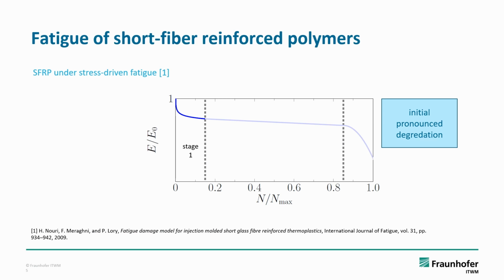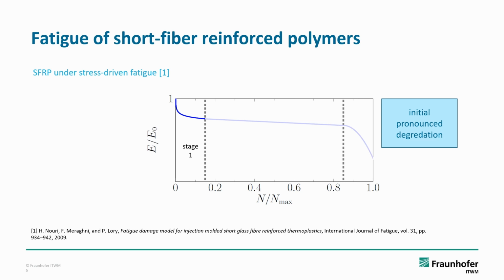If we now take a look at what fatigue does to this kind of components, we will find in the literature some experiments that show that over the number of cycles N, the material actually degrades in its elastic properties.